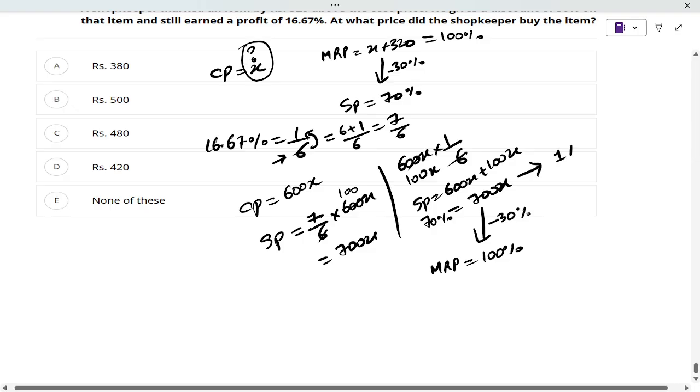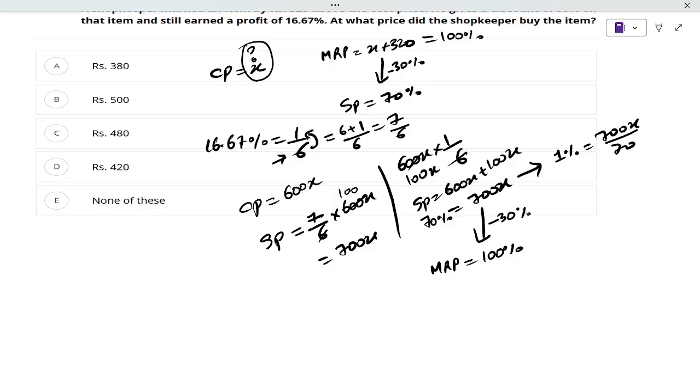So 1% is equal to 700x by 70. We're getting 10x. Then for the 100%, this is nothing but 10x into 100. Yes, 1 into anything is anything. So 1% is 10x. 100% into 1 will give us 100%. That's what we're doing it. So 1000x.